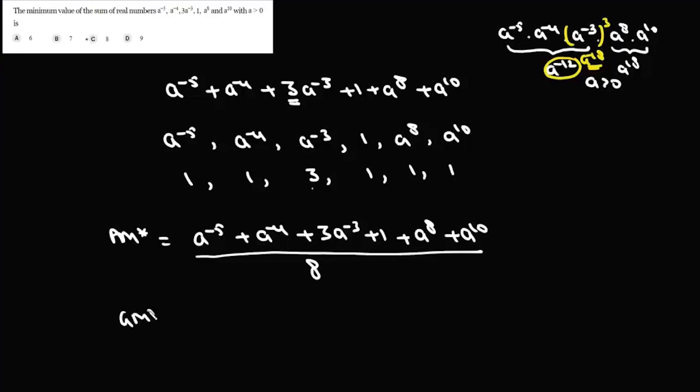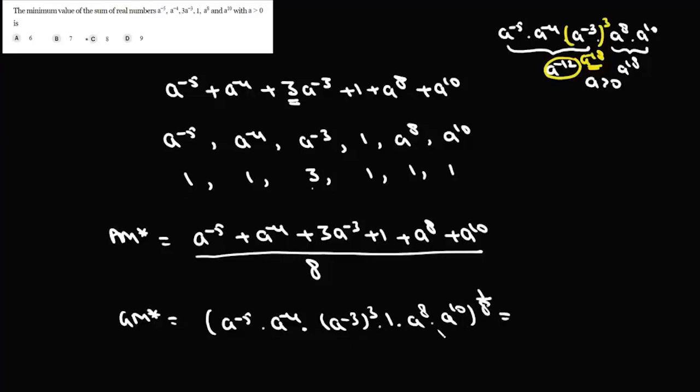And their weighted GM will be a to the power minus 5 into a to the power minus 4 into a to the power minus 3 cube into 1 into a to the power 8 into a to the power 10, whole to the power 1 by 8. Now this is a to the power 0, which is 1. So the GM will be 1.